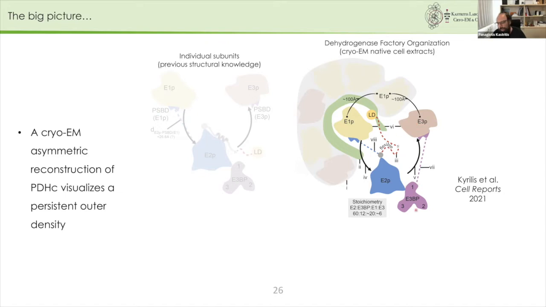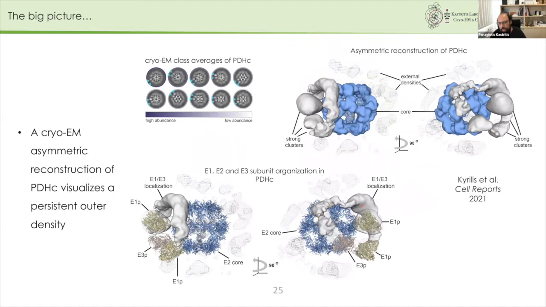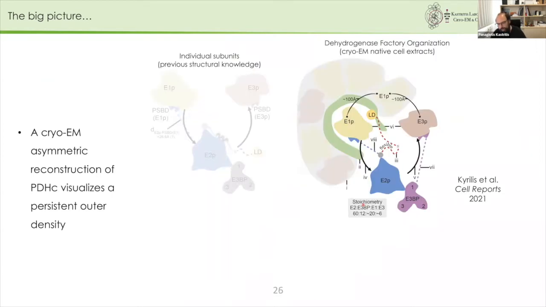As I told you, but didn't cover in my talk, we identified another protein inside the icosahedral core of the E2 protein, and we also saw density surrounding our enzymes.